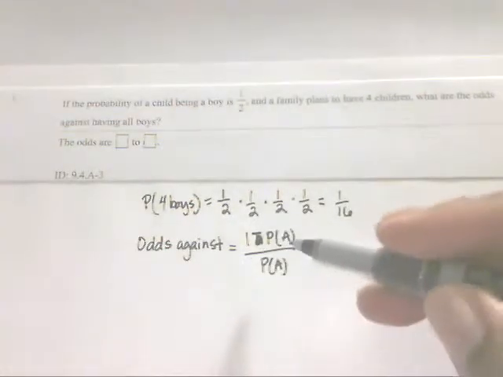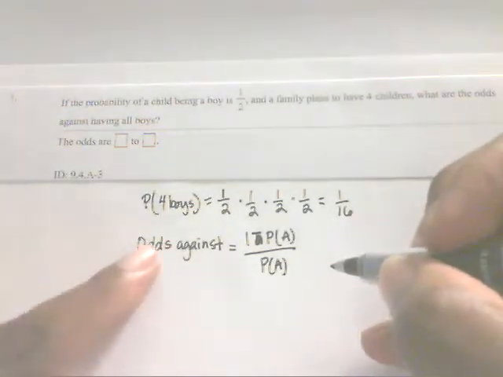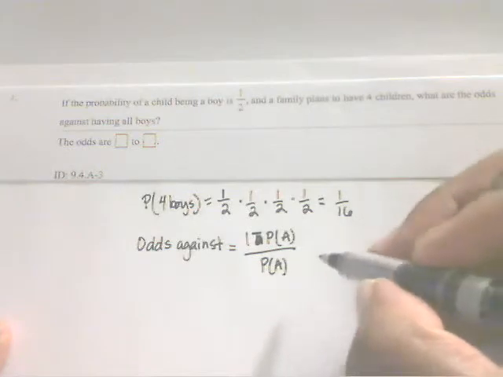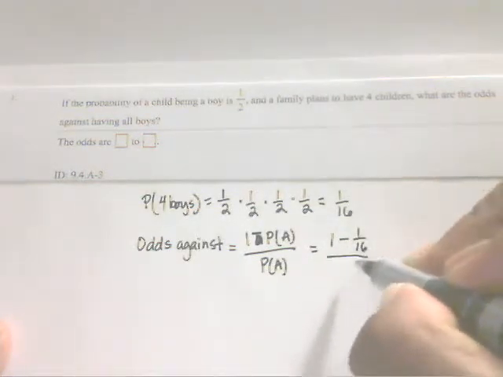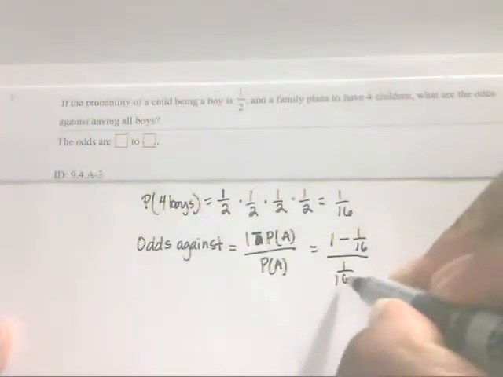We're letting event A be having all 4 boys. So this will be 1 minus 1/16 divided by 1/16.